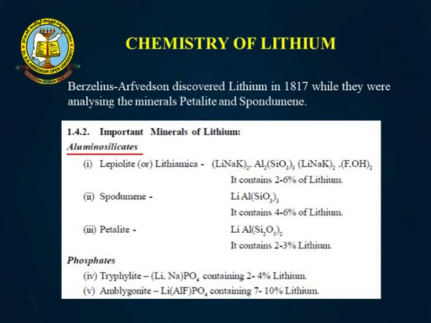Lepidolite has the formula of lithium, sodium, potassium taken twice, aluminum silicate, with fluorine and hydroxide, and it contains 2 to 6% lithium. So a very small percentage of lithium is obtained from this lepidolite source.